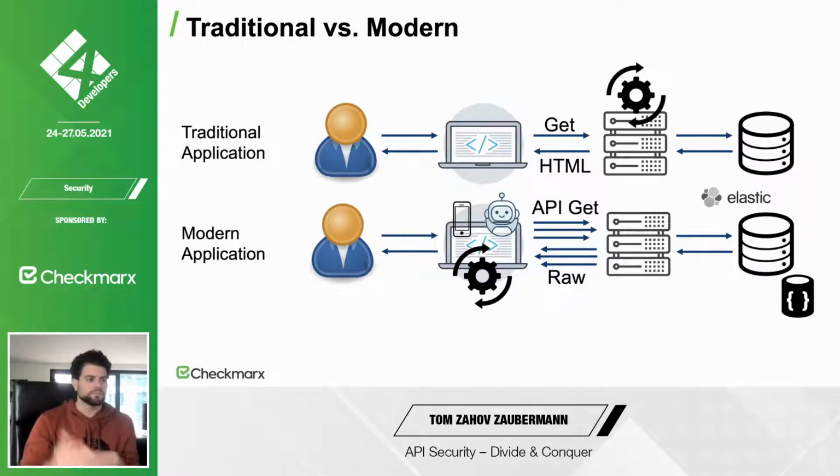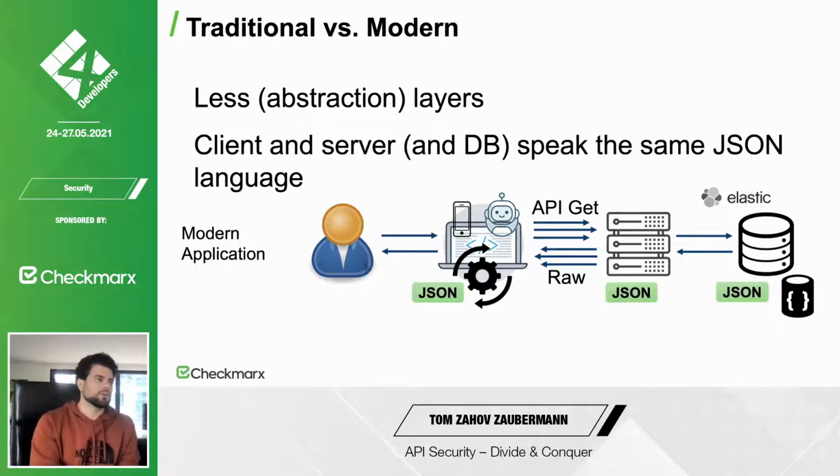It doesn't matter if it's an Android device, an iOS device, or a web-based client, browser, etc. So we see fewer abstraction layers. Everyone suddenly speaks JSON, right? If it's the rendering, the server, the database, etc. Most of the time these days we see it with JSON.